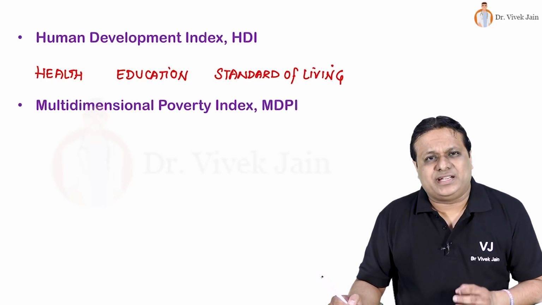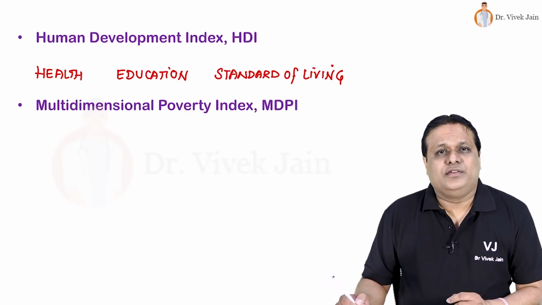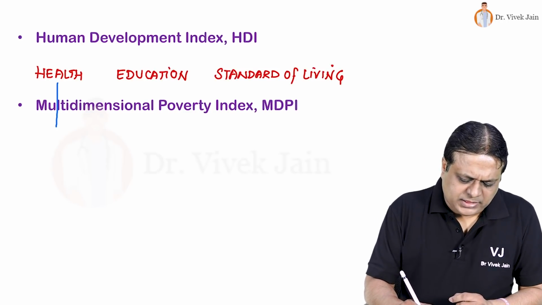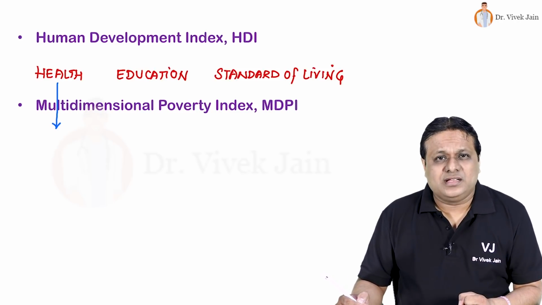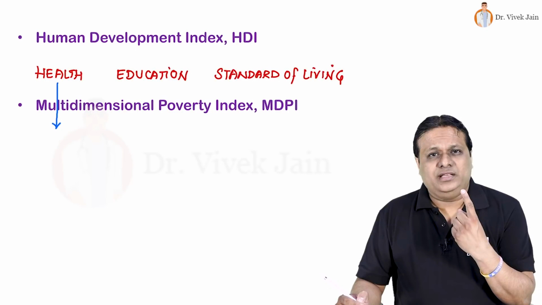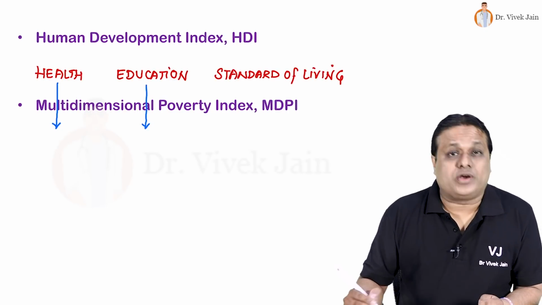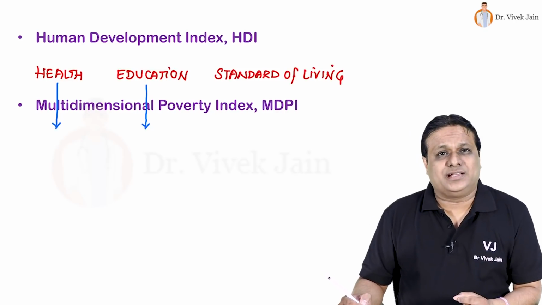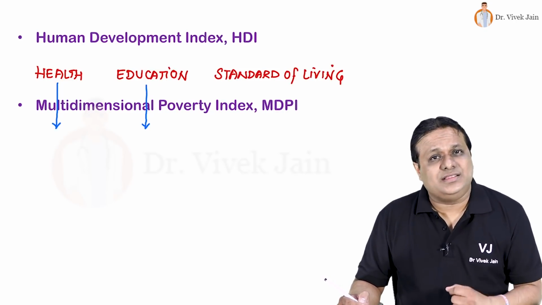These three indicators have got 10 sub indicators. What are these? First is health. Health includes two sub indicators. These are child mortality and nutrition. Similarly, education has got two further sub indicators. These are years of schooling and attendance in the school.